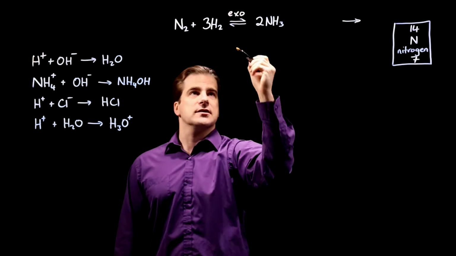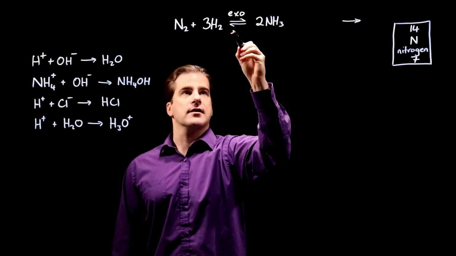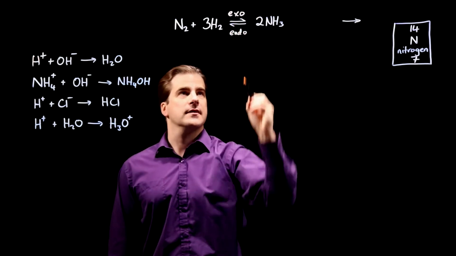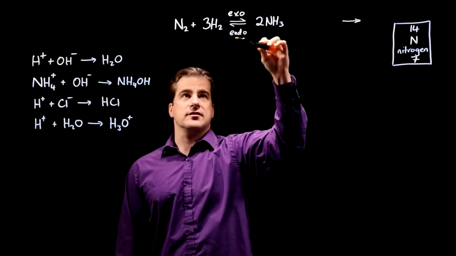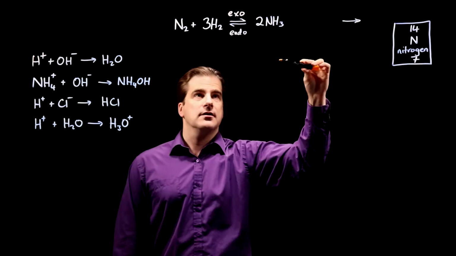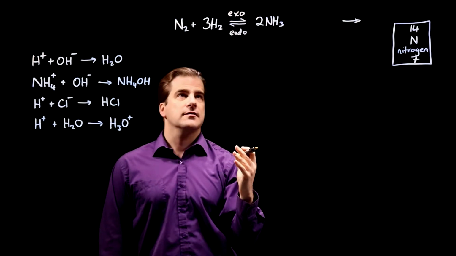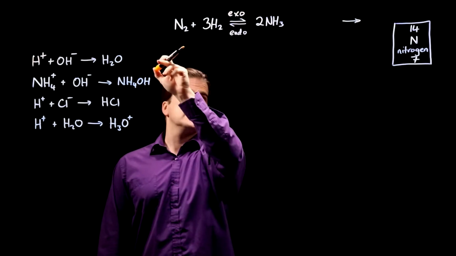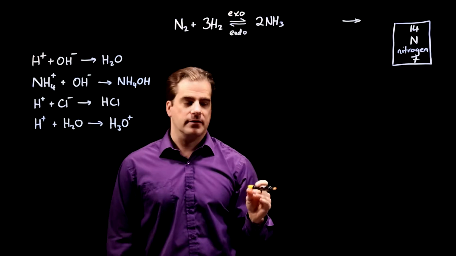But if it's exothermic in one direction, it has to be endothermic in the other. When the ammonia decomposes into nitrogen and hydrogen, it actually takes in heat from the environment. So just remember that if reactions are exothermic in one direction, they have to be endothermic in the other.